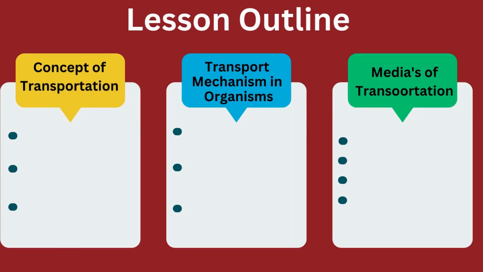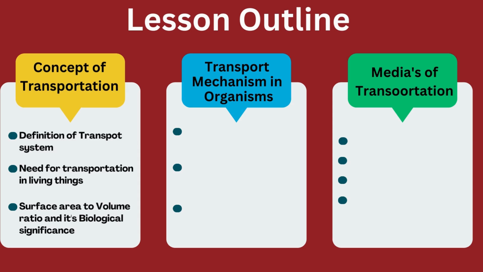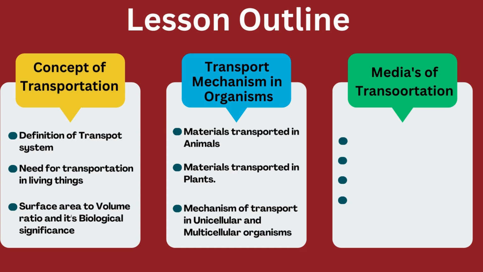In the lesson of today, you will be learning the following: the definition of transportation, the need for transportation, the concept of surface area to volume ratio, need for effective transport system in higher organisms, transport in unicellular organisms like amoeba and paramecium, transport in lower organisms like tapeworm, hydra, and insects, then transport system in higher animals.